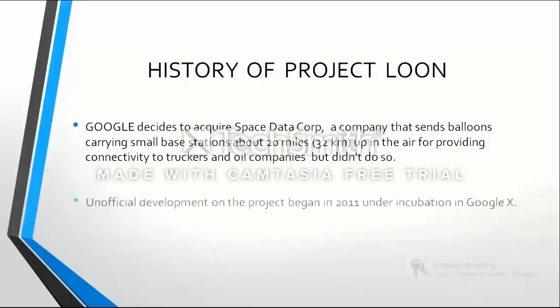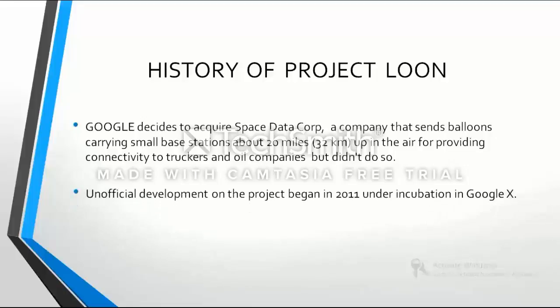The history of Project Loon, how it actually started. In 2008, Google considered contracting with or acquiring Space Data Corp, a company that sends balloons carrying small base stations about 20 miles up in the air for providing connectivity to truckers and oil companies in the US, but didn't do so.